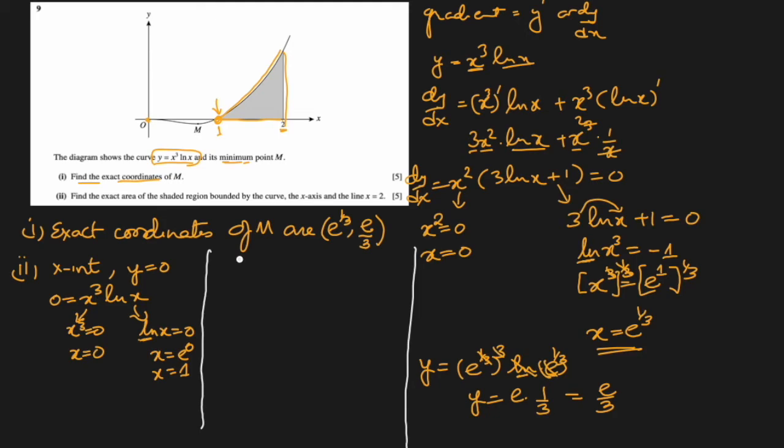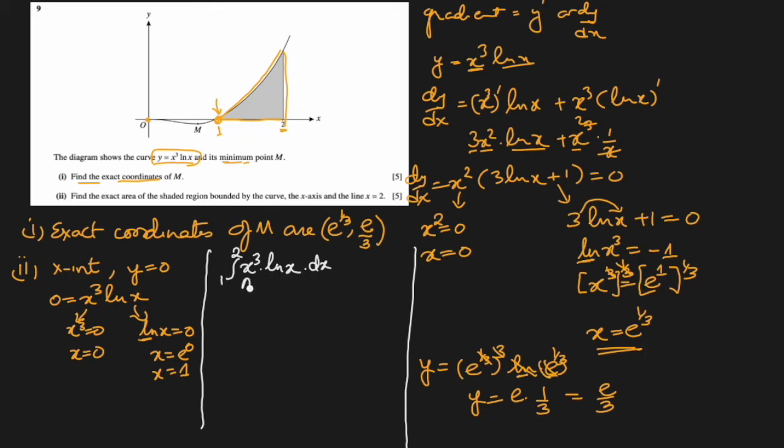To find the area under the curve, from 1 to 2 we will integrate the equation of the curve dx, and to integrate this we will have to do integration by parts.